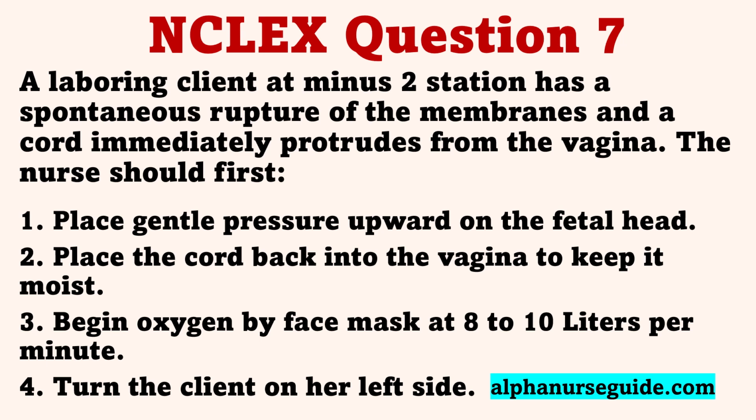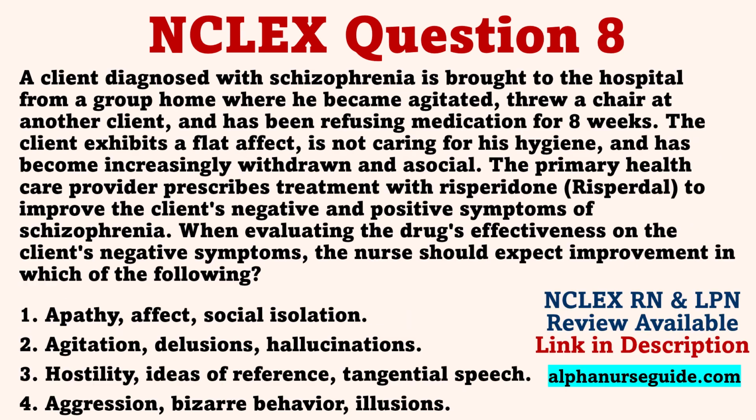A client diagnosed with schizophrenia is brought to the hospital from a group home where he became agitated, threw a chair at another client, and has been refusing medication for 8 weeks. The client exhibits a flat affect, is not caring for his hygiene, and has become increasingly withdrawn and asocial. The primary healthcare provider prescribes treatment with risperidone to improve the client's negative and positive symptoms of schizophrenia.